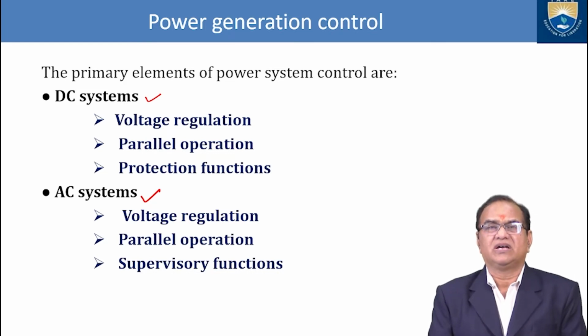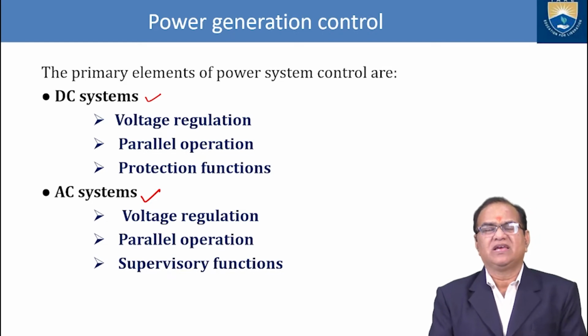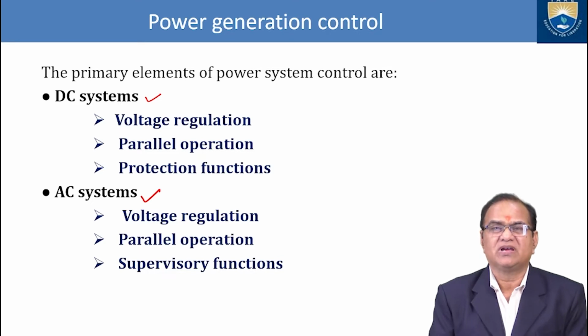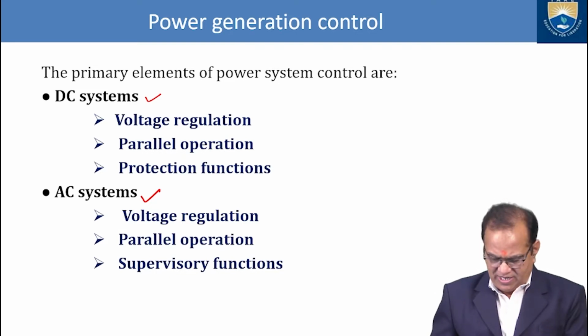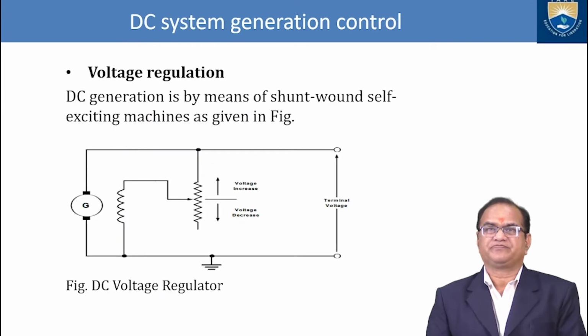The generated power has to be produced as per the given voltage. The system also should be able to work in parallel. If one fails, another has to take over, and the aircraft should work as per the required standard. And the supervisory function has to be handled, supervised by some equipment.